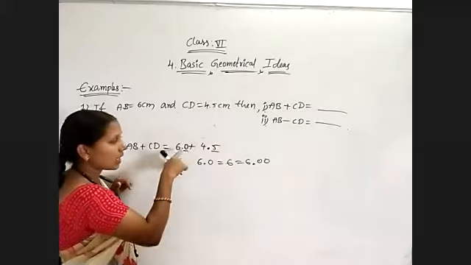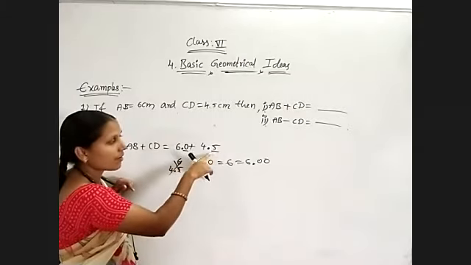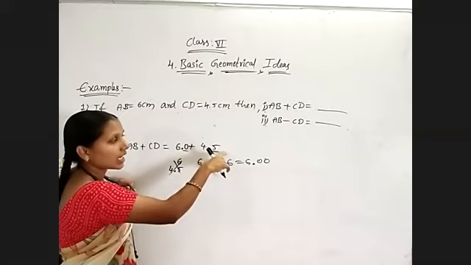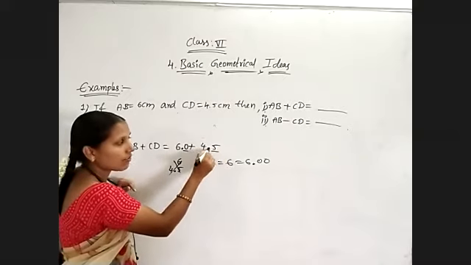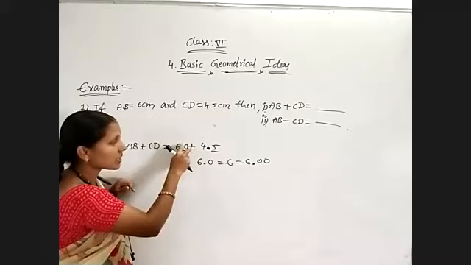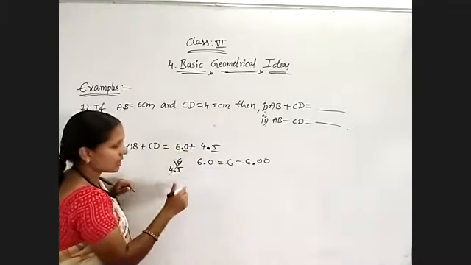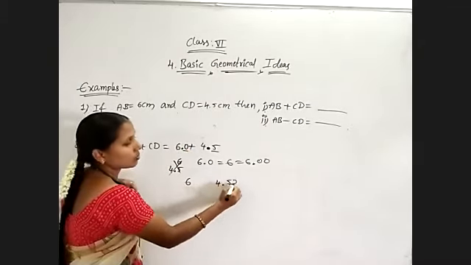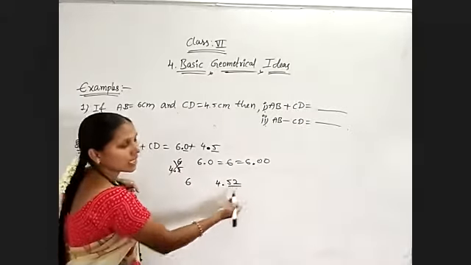4.5 has only one decimal digit, that's why I am placing one 0. If I have 2 decimal digits after the point, to make them like decimals, I must keep 2 zeros. Suppose I have 6 and 4.52. Here how many decimal digits? 2.